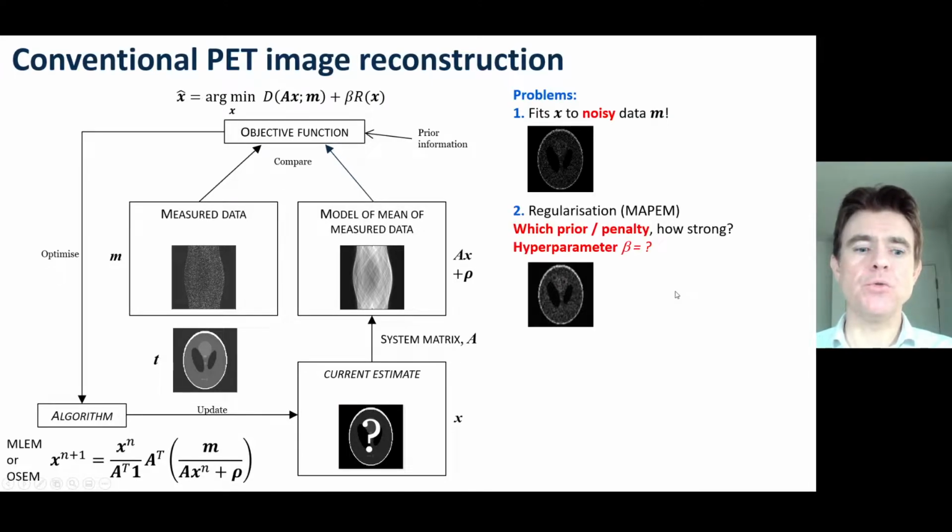Problem number two is that if we're not happy with the noisy data fitting, then if we go about regularizing or compensating for noise, which is what we often do with MAP-EM reconstruction, we're then stuck with the problem of, well, how strong should our noise compensation or our regularization be?